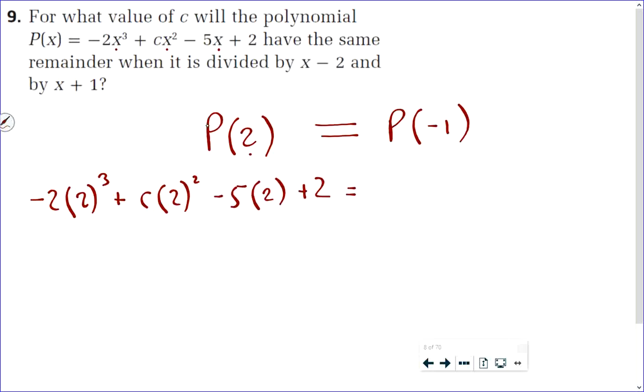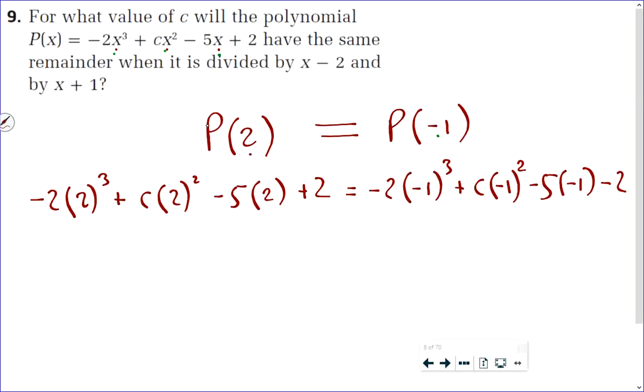And now I'm going to put in for the input here, here, and here, negative 1. And when I'm done, I'm going to go back and check from the beginning to make sure I've written everything correctly. I have negative 2 times the input cubed plus c times the input squared minus 5 times the input minus 2. And I'm just going to step back and double check everything, but I'm pretty sure I've entered things correctly on the board.